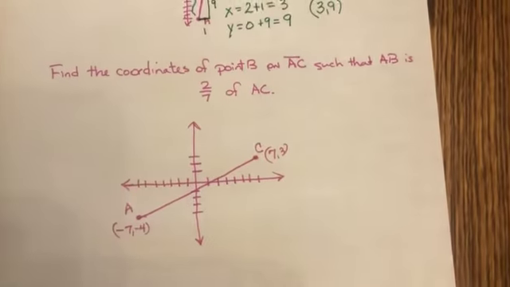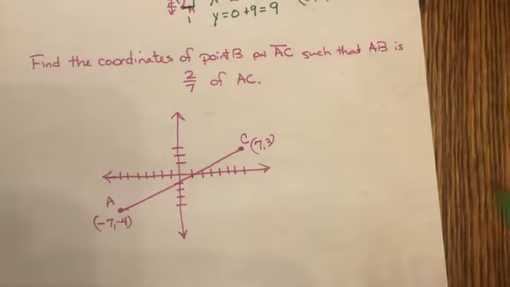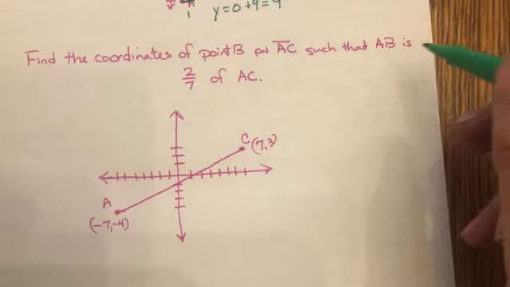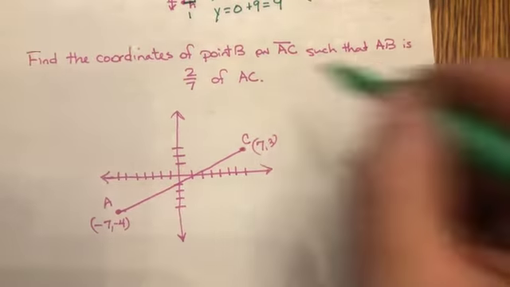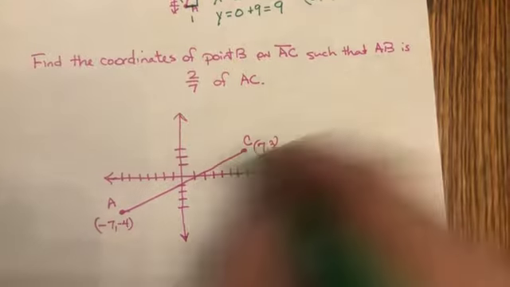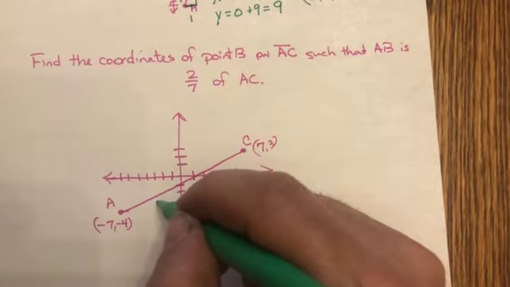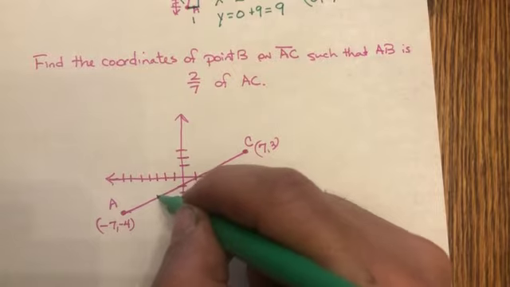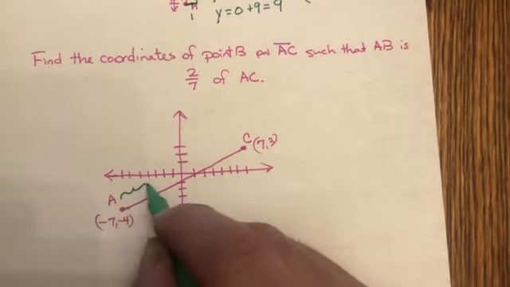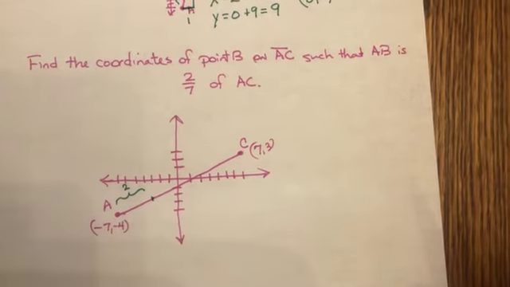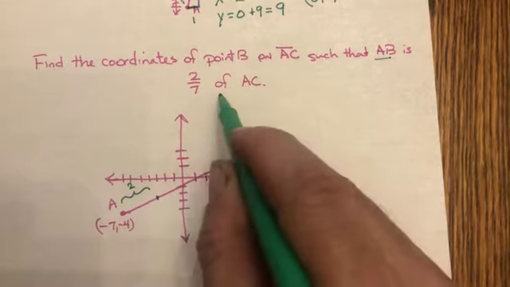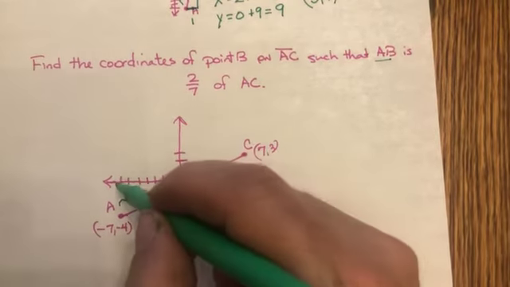A little different kind of problem here. They're giving you the whole segment. Find the coordinates of point B on AC such that AB is 2/7 of AC. So we want a point somewhere here on B, and we're going to find that point such that AB is 2/7 of AC.